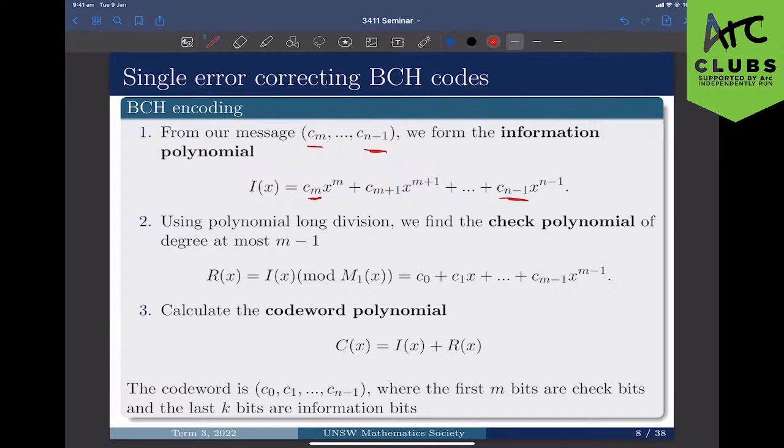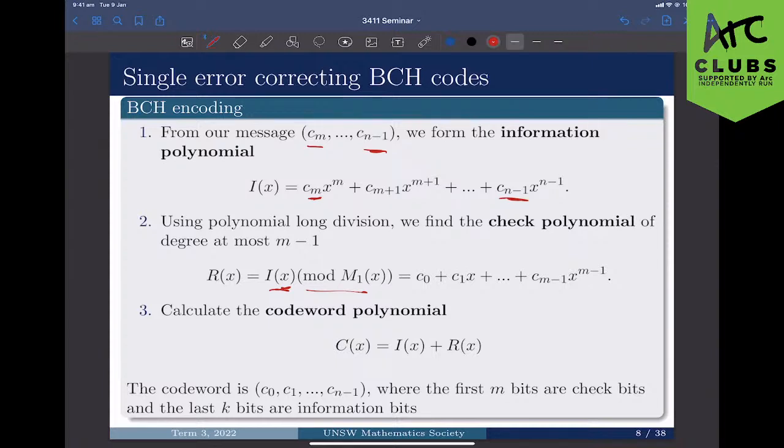And then afterwards, we calculate something called the check polynomial. The way the check polynomial is calculated is, first of all, you start with the information polynomial, and then you apply modulus m1 of x, which was the minimal polynomial of root alpha.